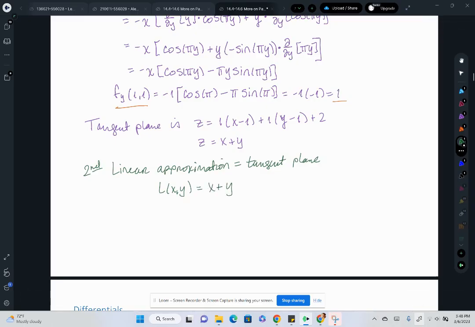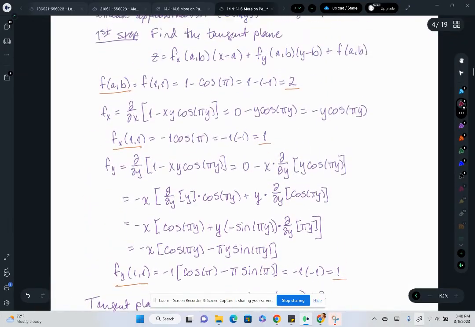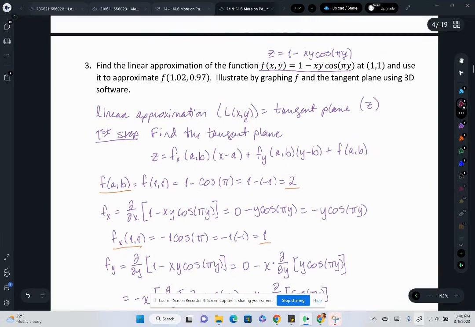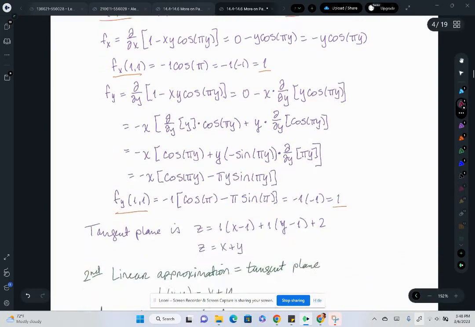Okay, so I found my linear approximation function, and now I'm going to use it to approximate, and let's see, what were we approximating? F of 1.02 with 0.97.